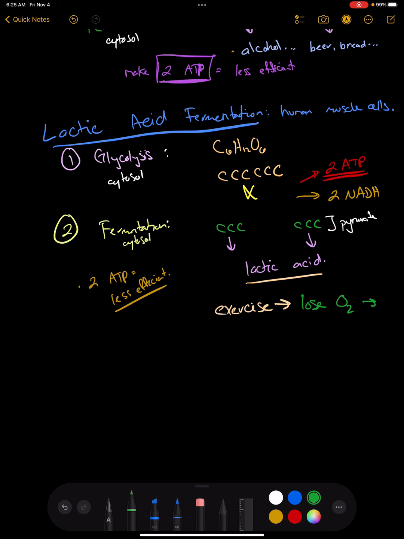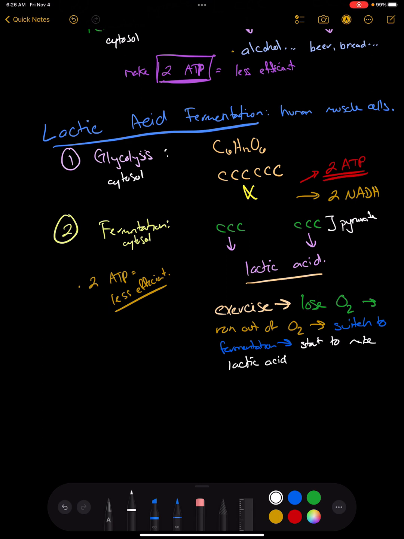And so then when you start to breathe really hard and you run out of oxygen, that means your muscle cells are going to switch to fermentation, or anaerobic fermentation. And then when you guys switch to fermentation, right, that's when you start to make that lactic acid inside your cells.